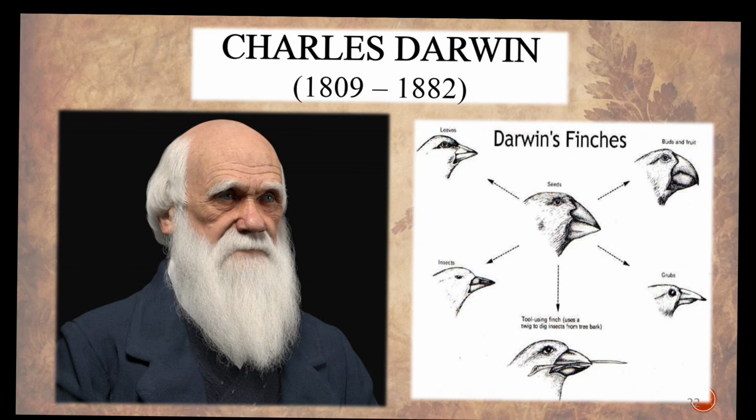finches. You can see that it will depend on the beak of the bird. Once you see that the beak of the bird looks like this, it means that it is a bird that lives on a certain food. So this one eats seeds, eating insects, buds and fruits.